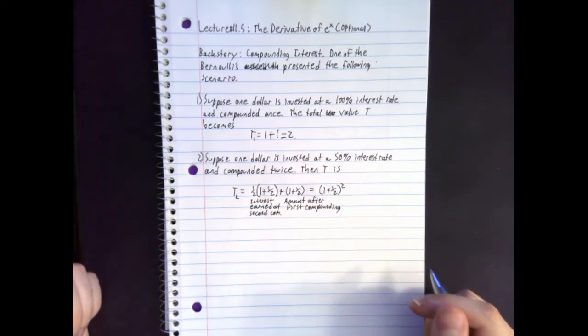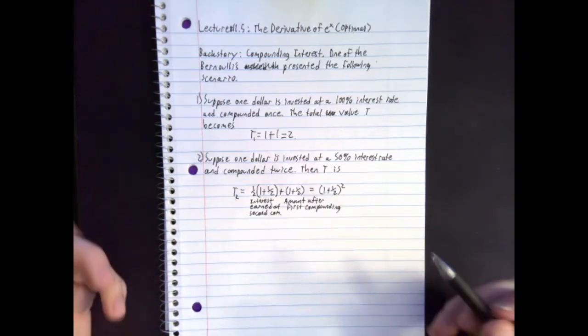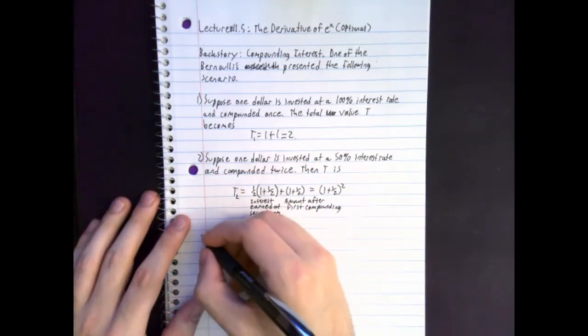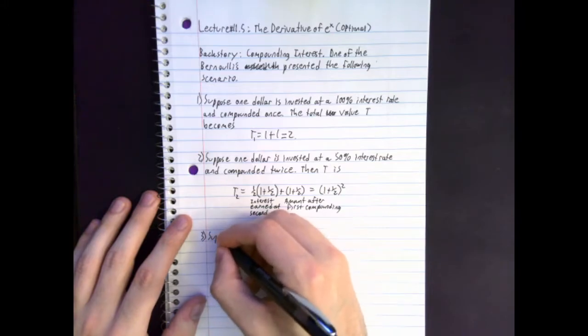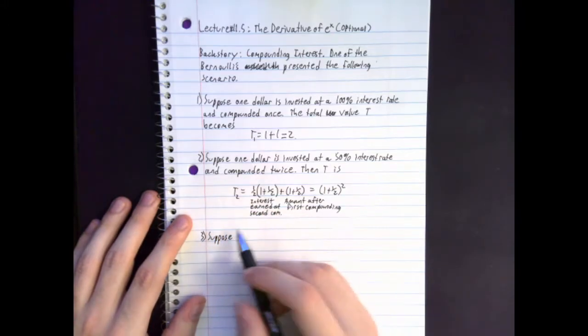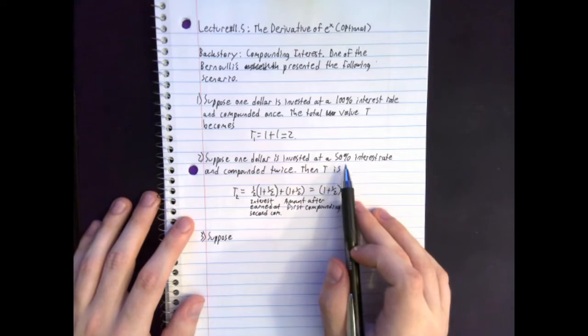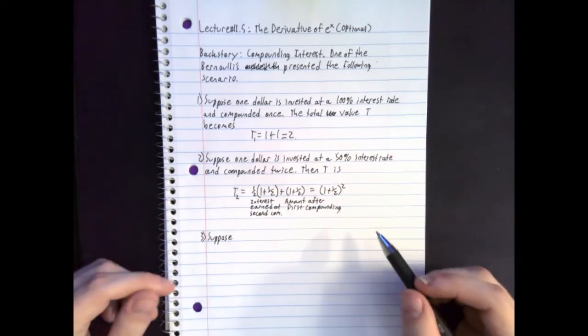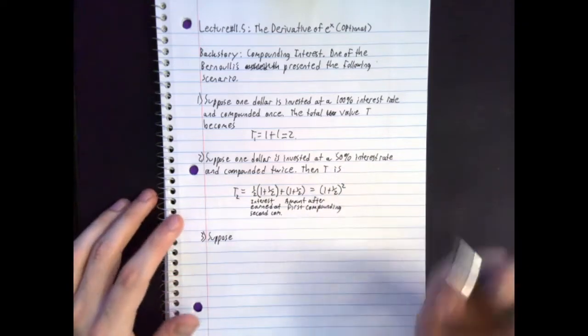Now, the next question that you should ask is, well, suppose that we do this again, and we instead now invest at, well, we can't do an exact fraction of 100%, but 100% divided by 3.